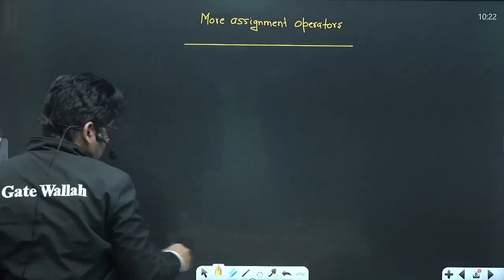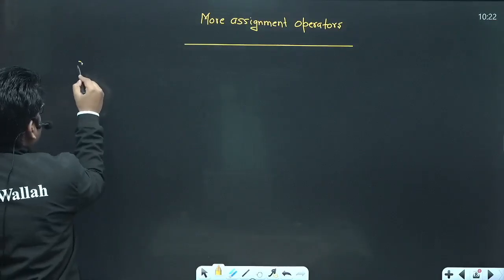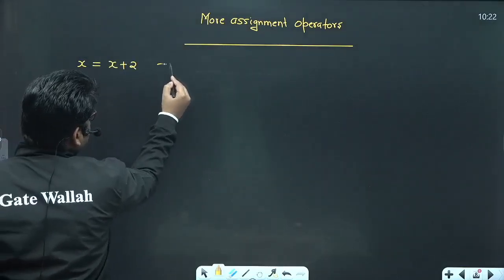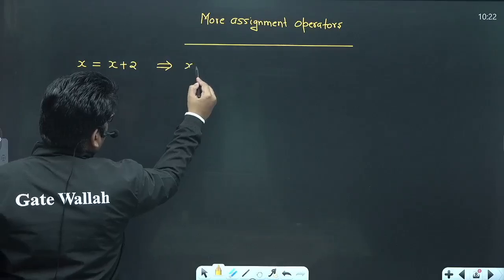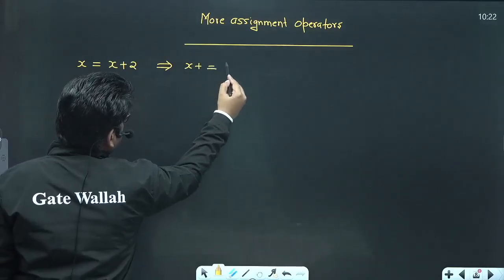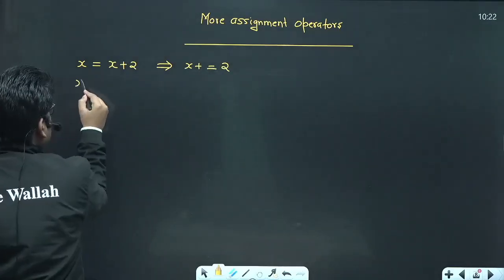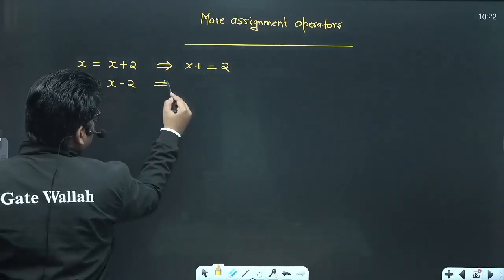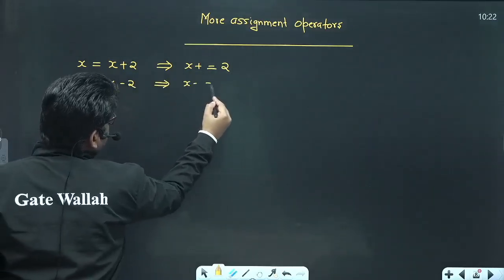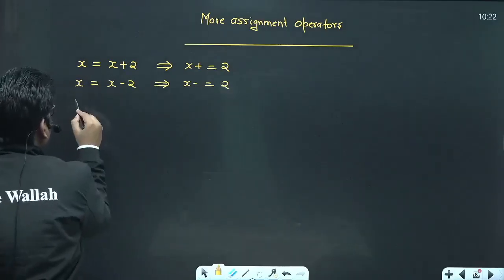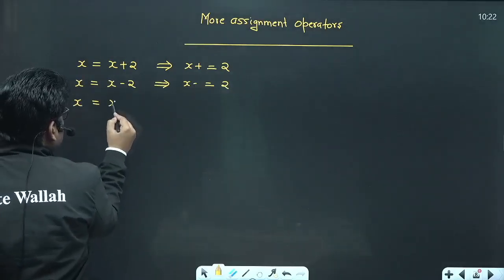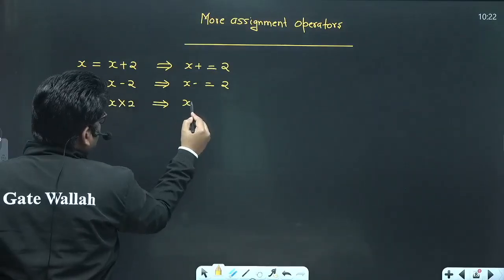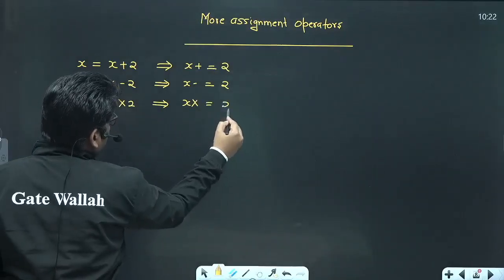Instead of writing it like this, in C programming we can write x plus is equal to 2. Similarly, the shorthand for x is equal to x minus 2 is x minus is equal to 2. If I have x is equal to x multiply 2, I can rewrite it as x multiply is equal to 2.